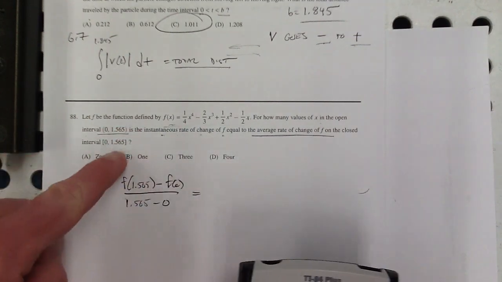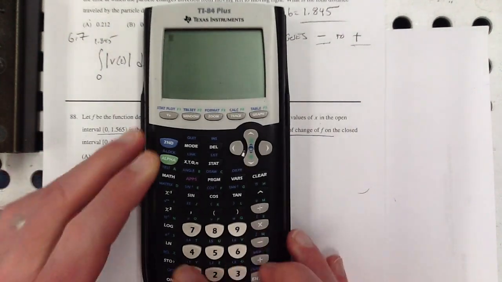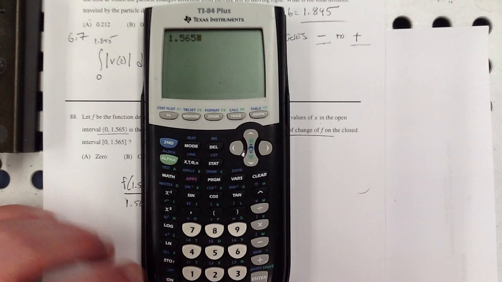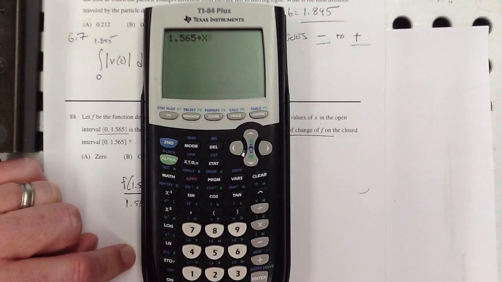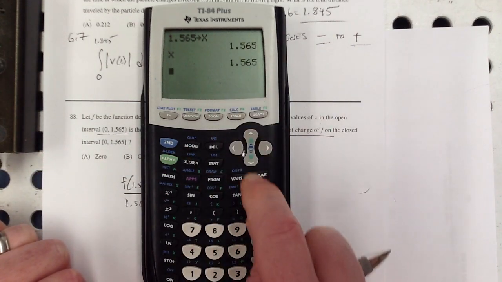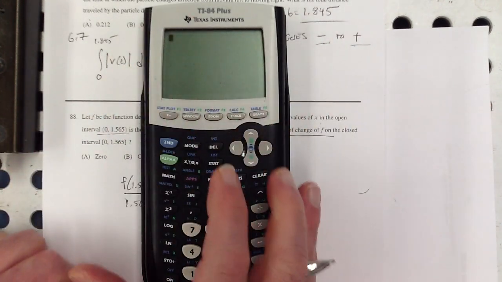You can keep typing in that 1.565, but I don't really want to do that. I'm going to store 1.565 as x. So now every time I type x, my calculator thinks it's that number because I just told it. If I hit clear, uh-oh, is it still there? Yes, I didn't clear that. I'm just clearing what's on the screen.